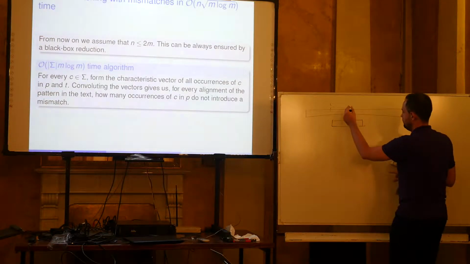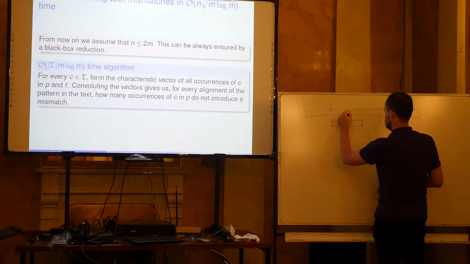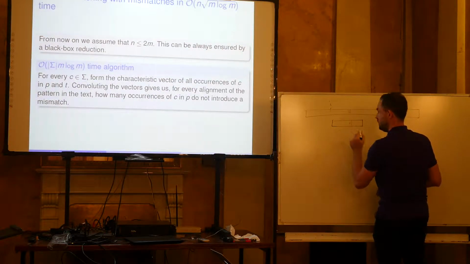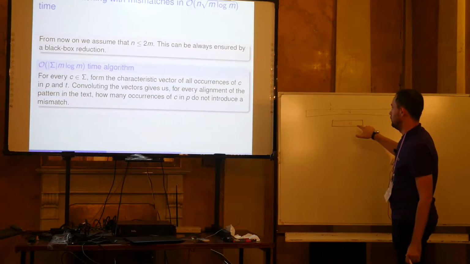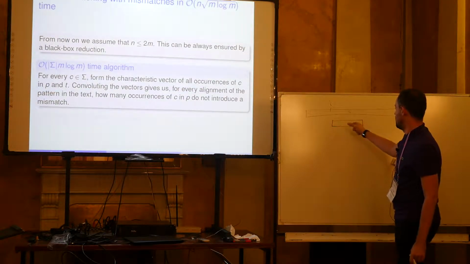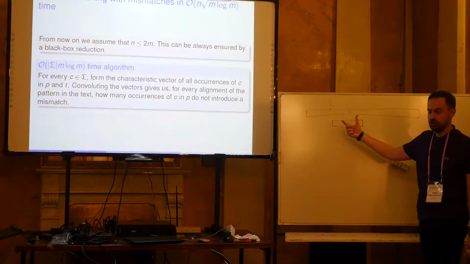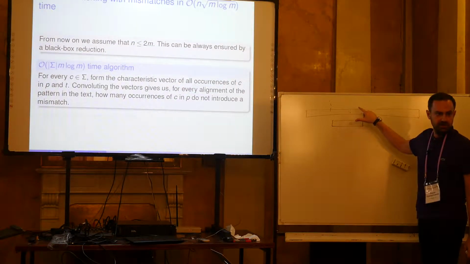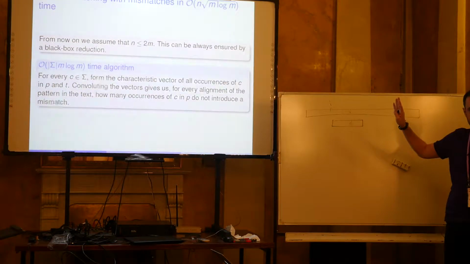Well, this is some position j in the pattern, right? In the vector for the pattern, I should just do what I said and reverse it. And then at position i plus m in the resulting vector, I will get the sum over all those characters C. Make sense, more or less?